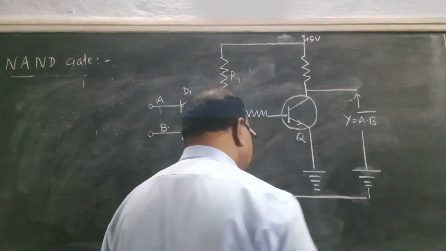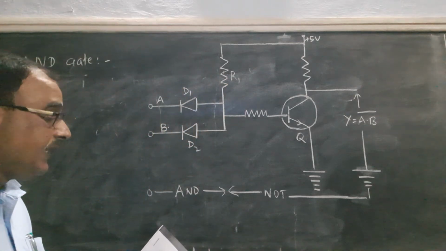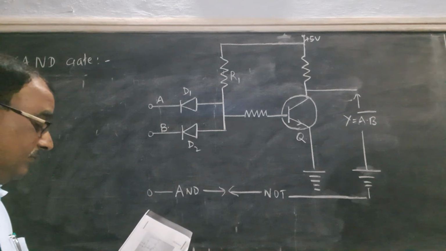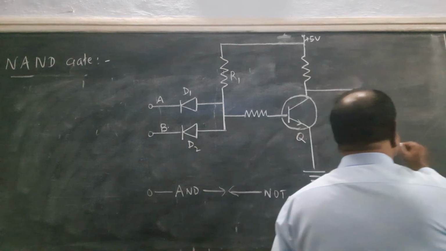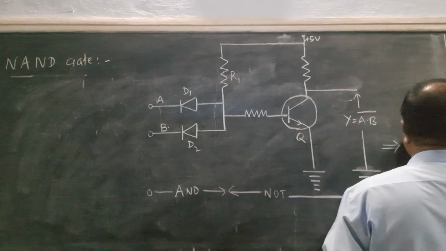So this is how the DTL NAND gate circuit diagram looks, right? And you have to write the representation of the NAND gate also.